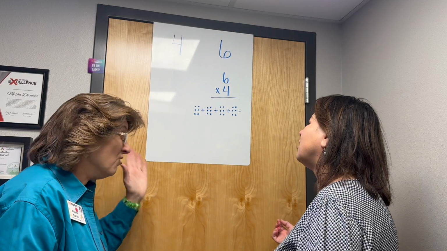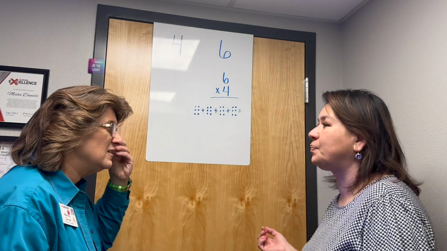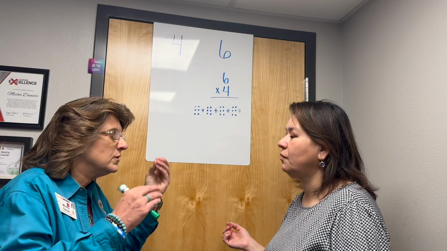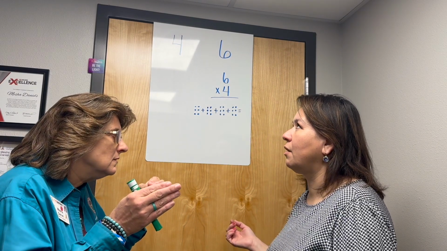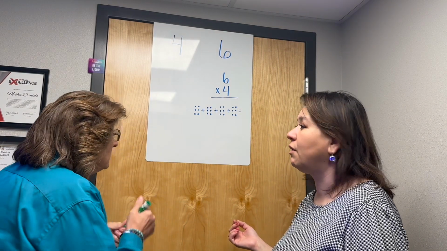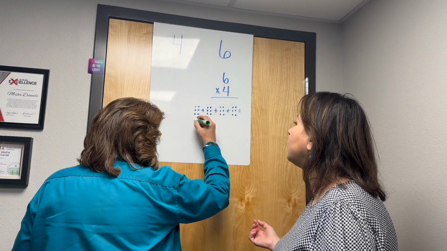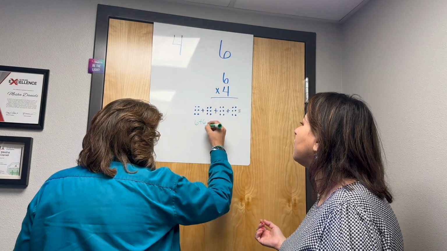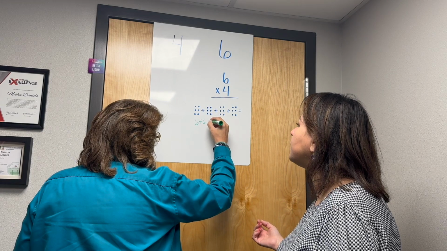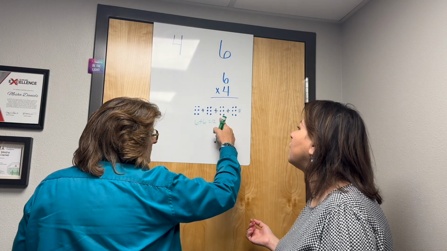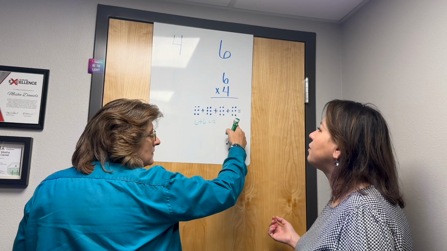Or what you could do is tell yourself, okay, 6 plus 6 is 12. So we have 6 plus 6 is 12, right? Yes. And, oh, look, 6 plus 6, that's 12 again.